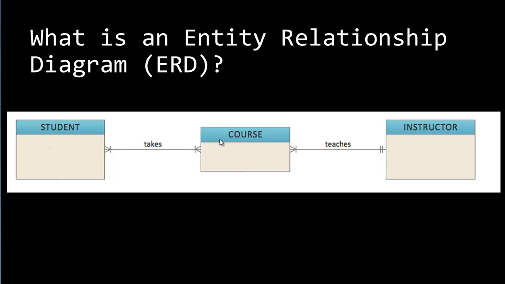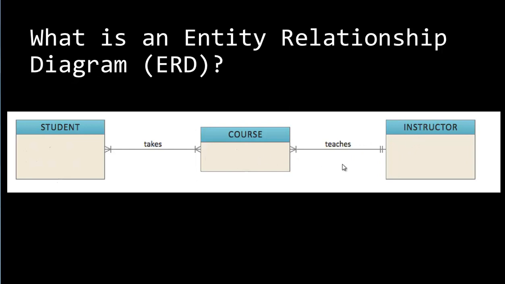And so in this case, there is a many-to-many relationship between student and course. And in this case, there is a many-to-one relationship between course and instructor, which basically says for every course, there can be one instructor. And for instructor, there can be many courses. So an instructor can teach many courses.